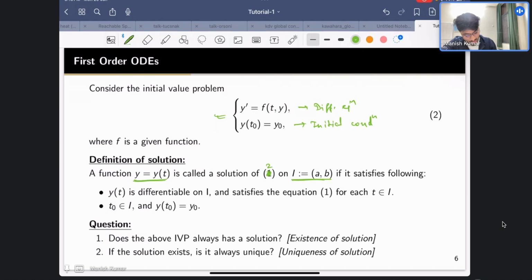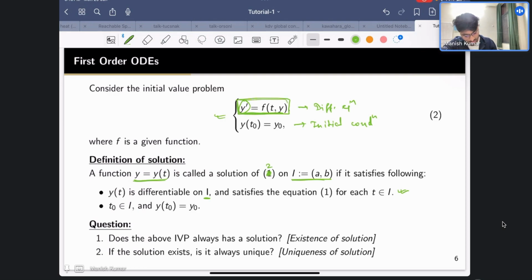The first is that, to make sense of y prime, y(t) should be differentiable on I, and it should satisfy the differential equation for each point t in the interval I. This is the requirement for the equation to make sense.